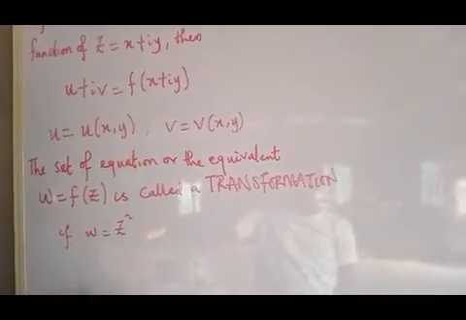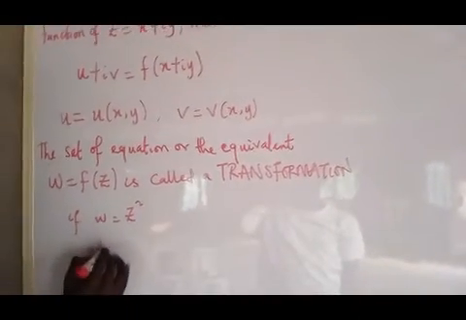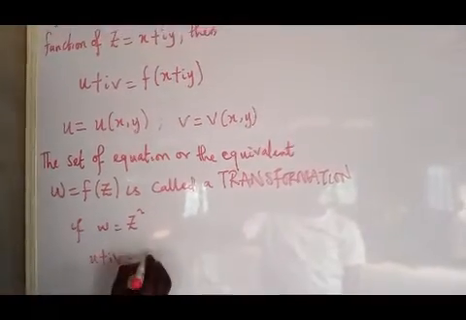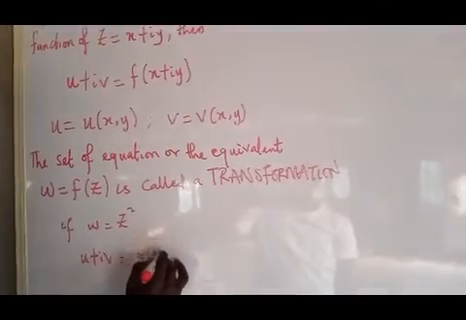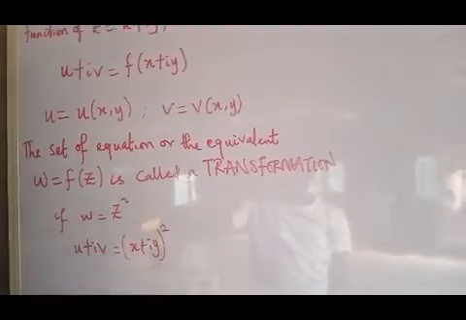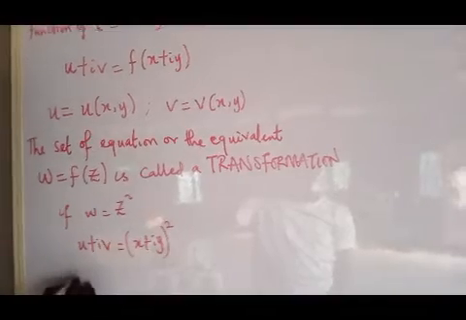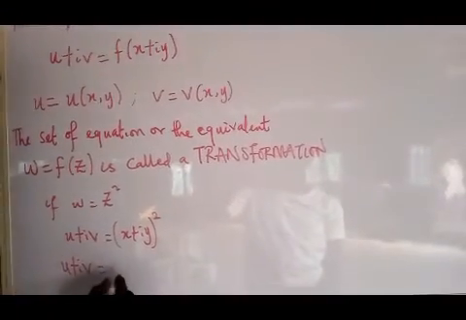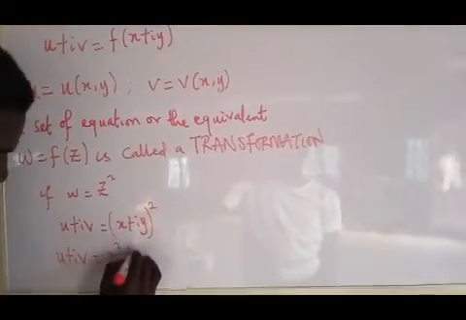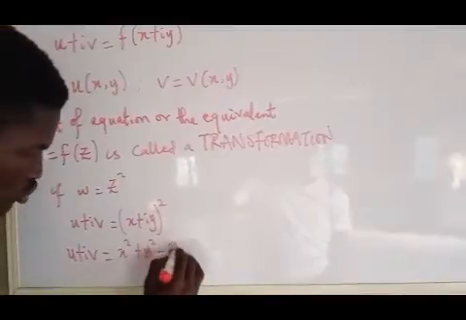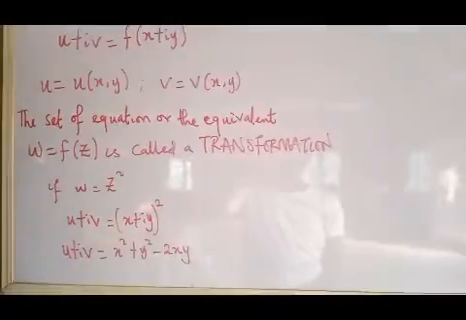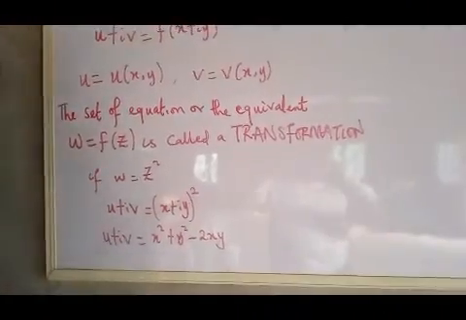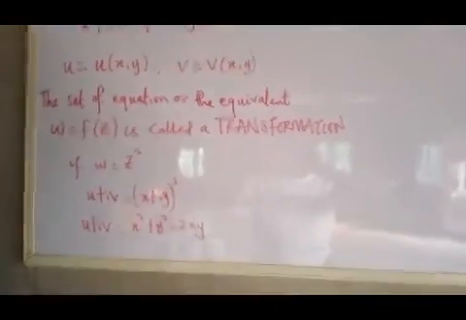I need to know that my w is u plus iv, and my z is x plus iy squared. So let's open this part. I will have u plus iv equals, if I open this part, I will have x squared plus y squared minus 2xy. Alright, I'm sure we know how we open this part.